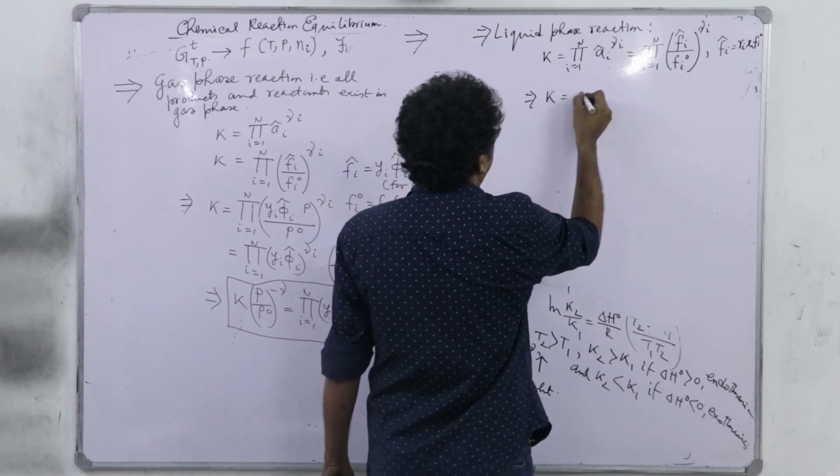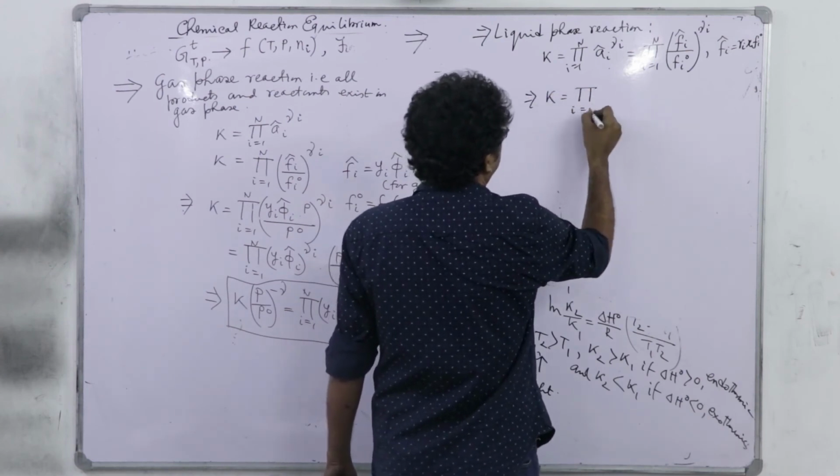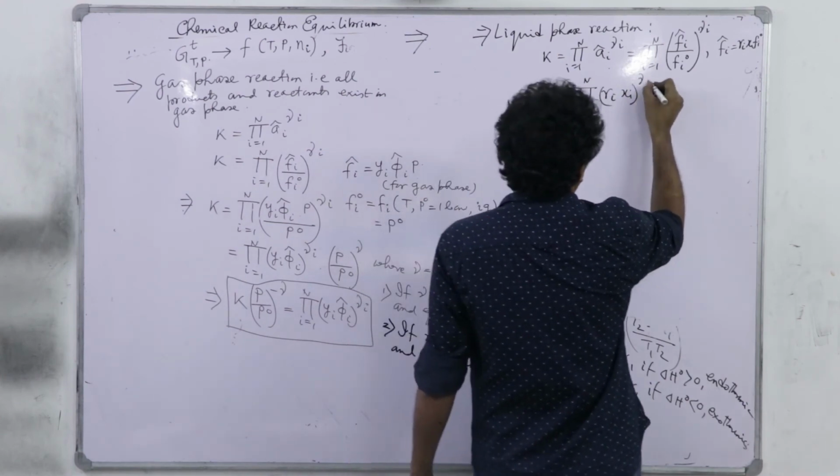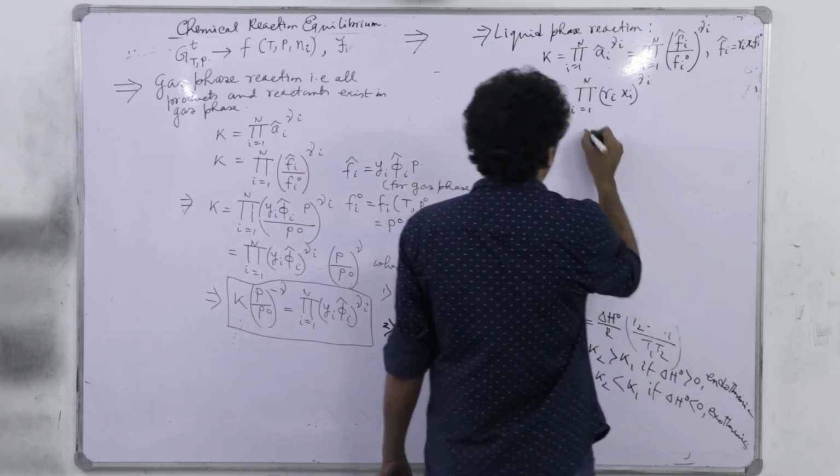So K is the product over I equal to 1 to n of gamma I into x_i to the power nu I, right?